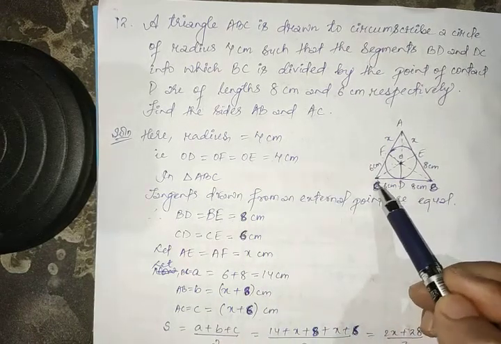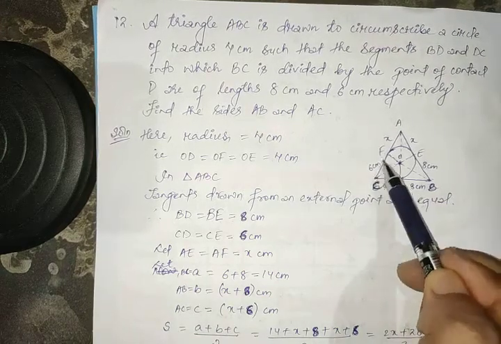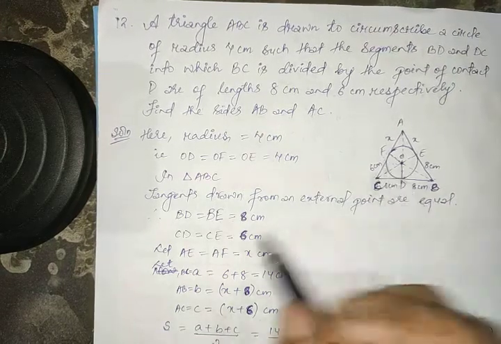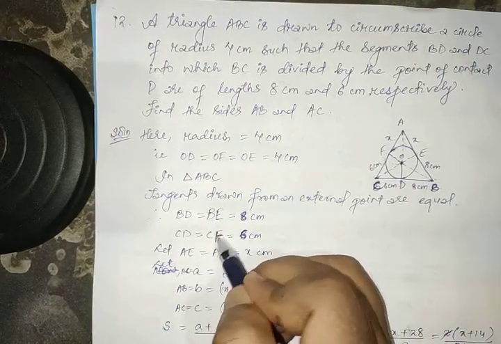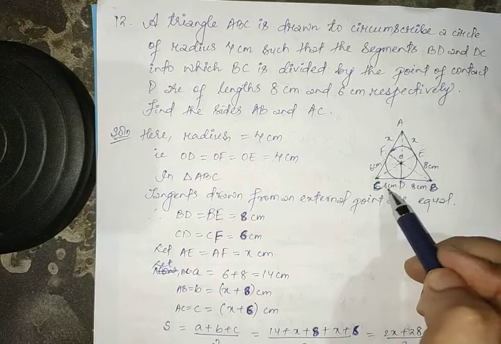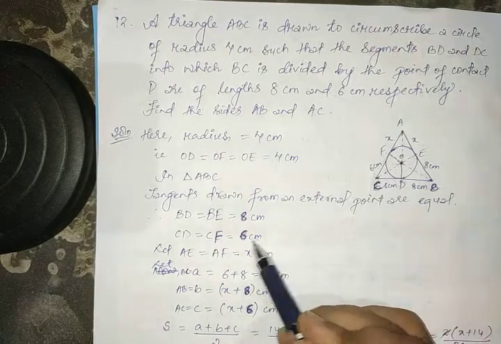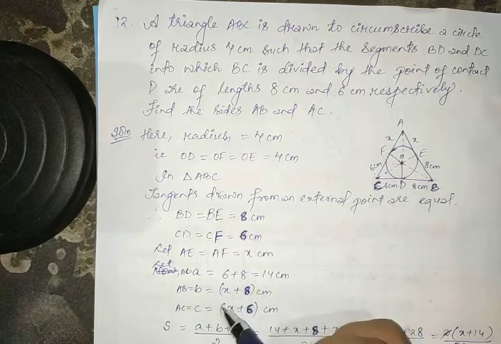Then C is an external point, and CD is a tangent, so CD and CF, this should be CF, they are also equal. CD is given 6 cm, so CF will also be 6 cm. So CD equals CF, that is 6 cm.